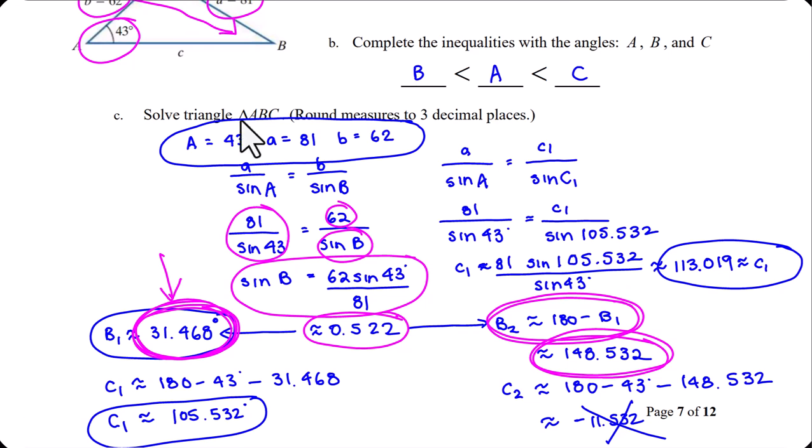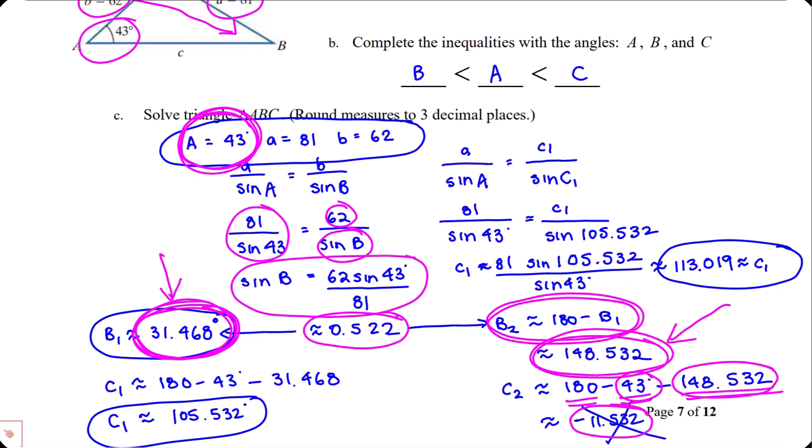So here's the idea. They gave me an angle. That angle has to be 43 degrees, has to be angle A. That's given to us. I'm saying the angle B might be 148. Well, if I start with the 180, subtract the 43, and subtract the 148, I've already used up too much for those two angles.